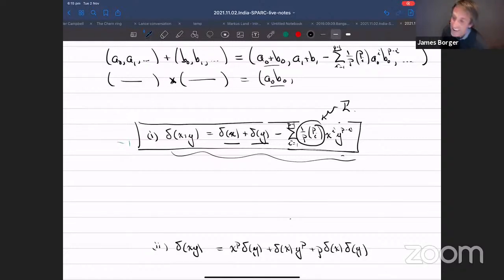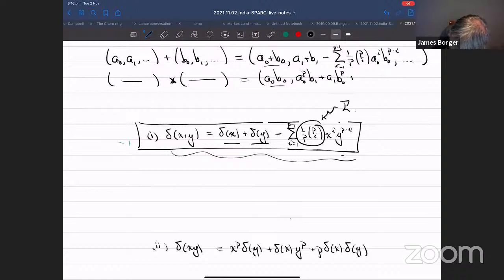A1, B1. Minus, I guess, P times A1. I missed it at the beginning, but you're probably right. It's A0 to the P times B1 plus A1 times B0.